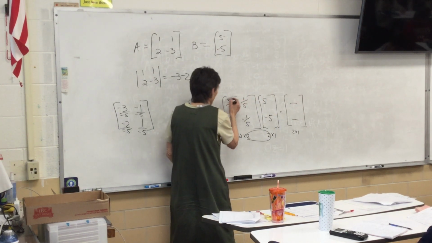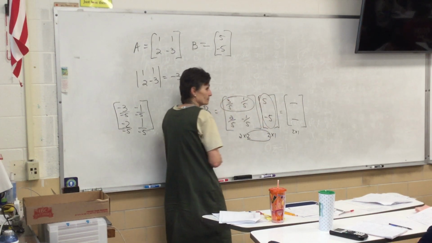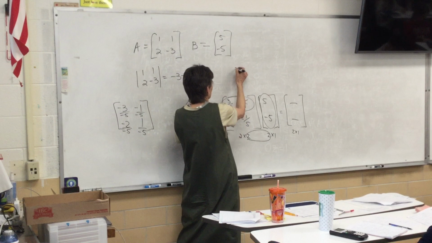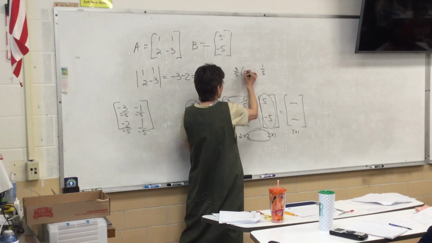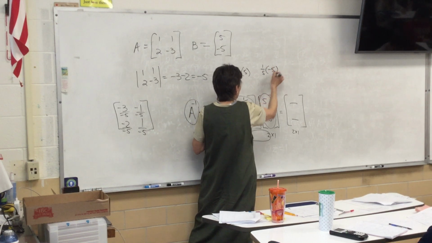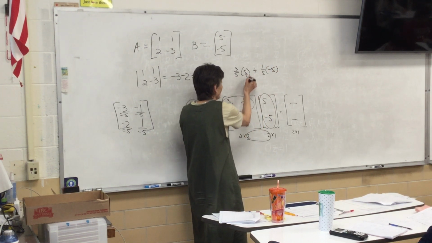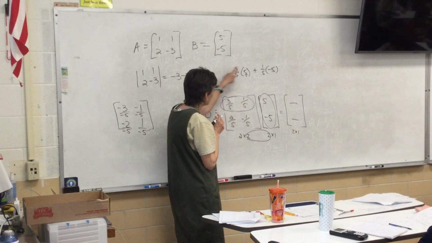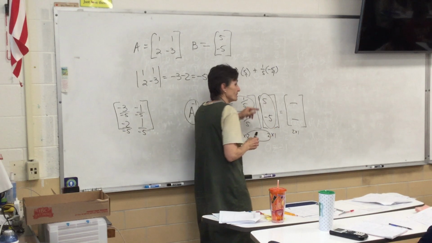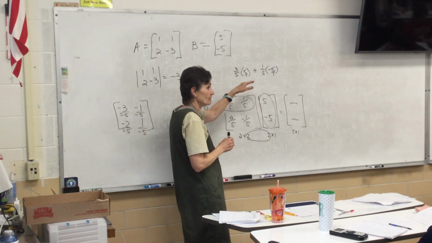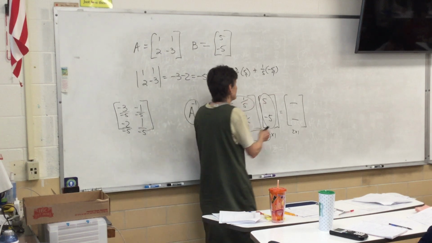So I'll take row 1 times column 1. So 3/5, 1/5 times 5, negative 5. Now, remember, this is like 5 over 1. So what do you get here? 3. And this is 5 over 1, so that's negative 1. So we have 3 minus 1, which is 2.